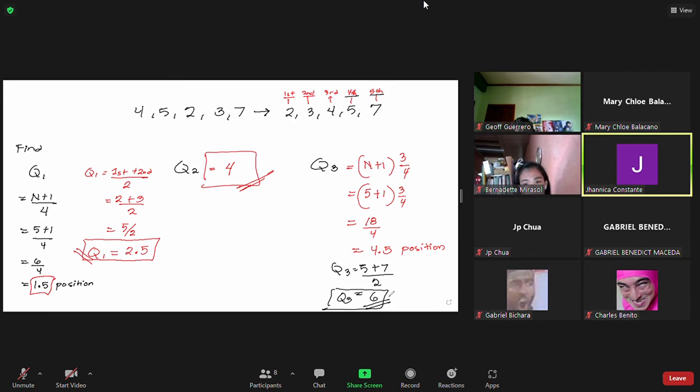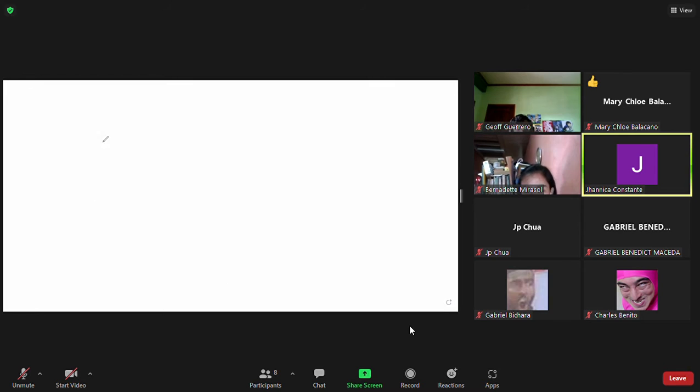But if you don't want to use a formula for finding the quartiles, you can do this one. For example, can I clear the screen for this data? For you to easily identify quartile 1, quartile 2, and quartile 3. For example, we have this set of data, which is 3, 4, 5, 6, 8.